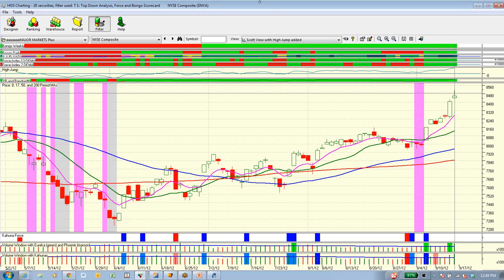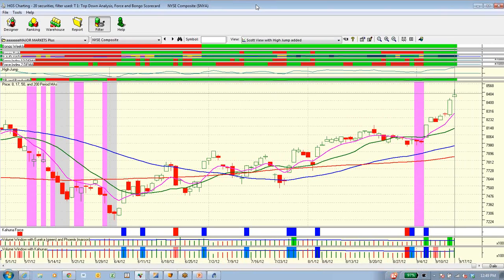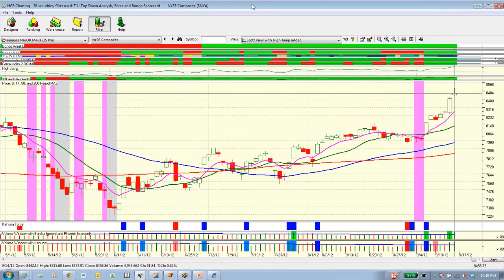So if we look at it, let's see if I can shrink. It opened at 84.42, traded as high as 85.15, closed at 84.58. Volume was extremely high. Up 51.84 or 0.62%.